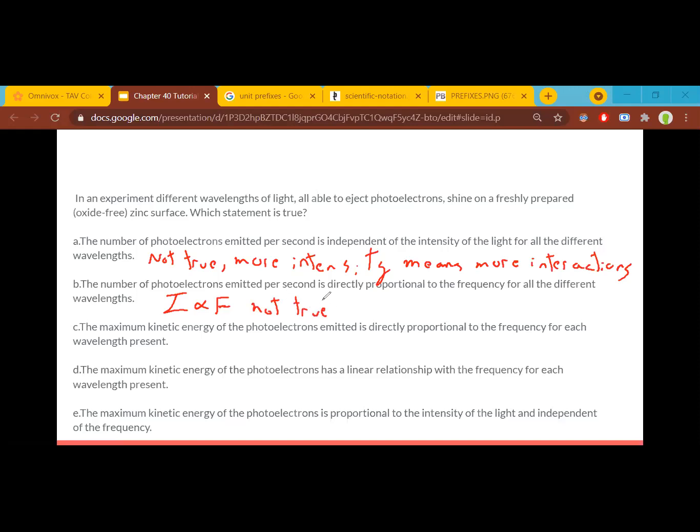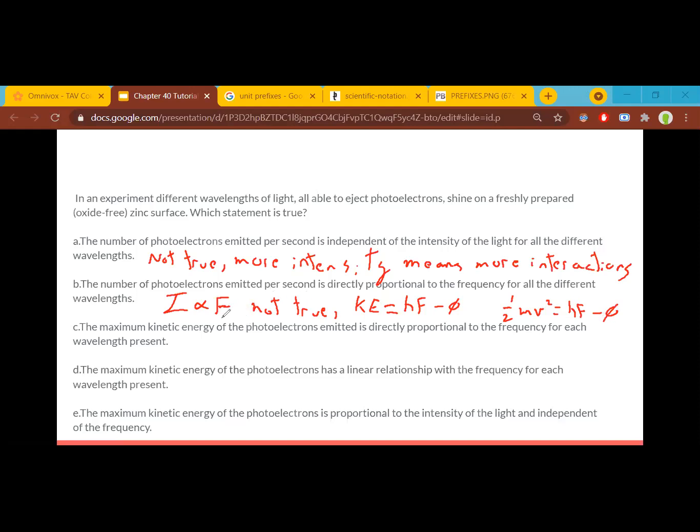The frequency determines whether electrons can get ejected or not. But even then, the relationship between the energy of the electrons, the speed at which they get to the plate, and the frequency is a linear relationship, not a direct one. So this isn't quite right.